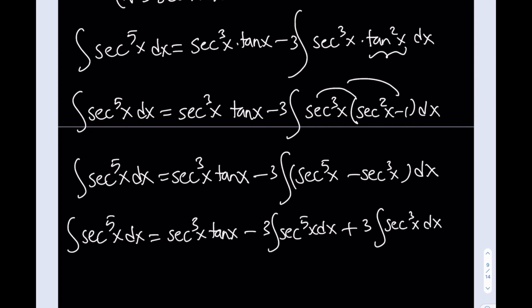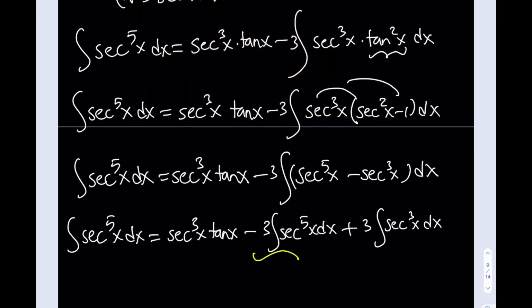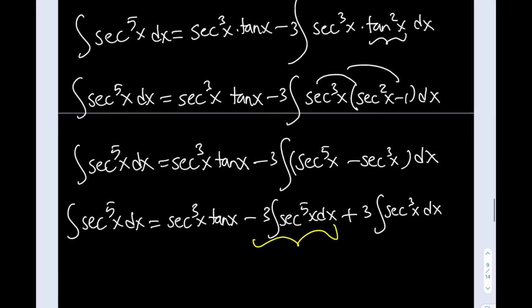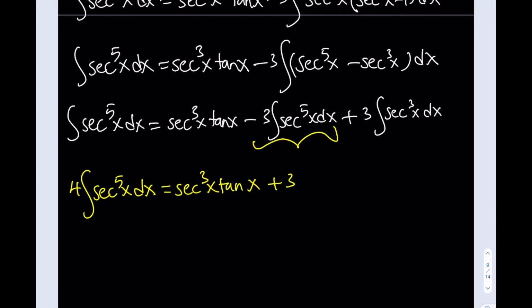Yes, of course, because what happens here is now you have the same integral that we started with. Yay, we can do that again. So add that to both sides. You'll be getting 4 times the integral of what we're looking for, whatever that is, thingy. 4 times the thingy is equal to secant cubed x tangent x plus 3 times the integral of secant cubed.